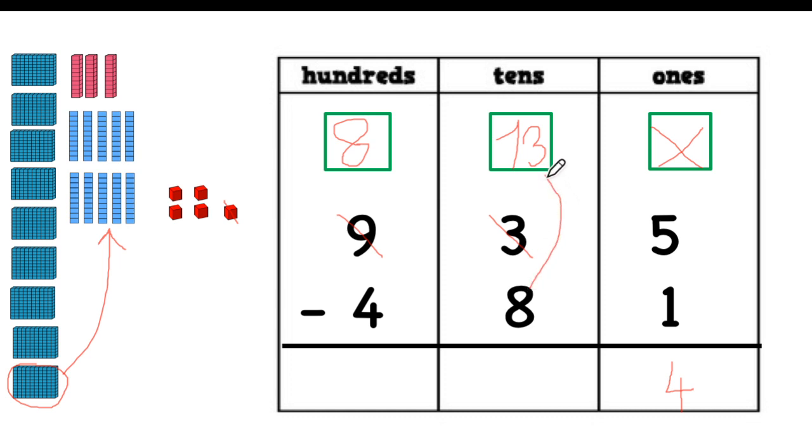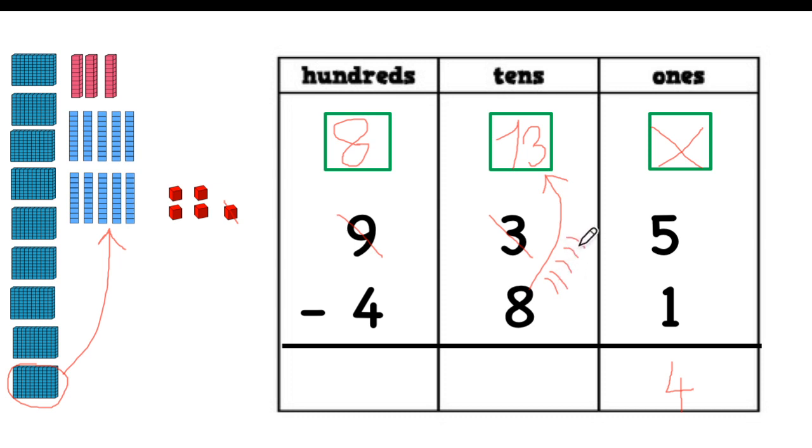I can take away 13, take away 8. It's possible. So you can do 13 take away 8, or you can count on from 8 up. 8 in your head and count on your fingers, or draw 8, 9, 10, 11, 12, and 13.